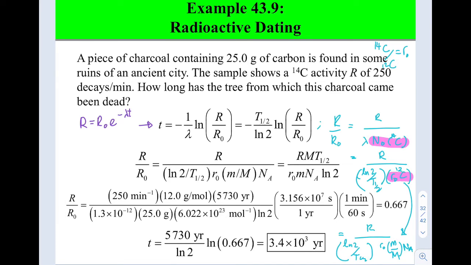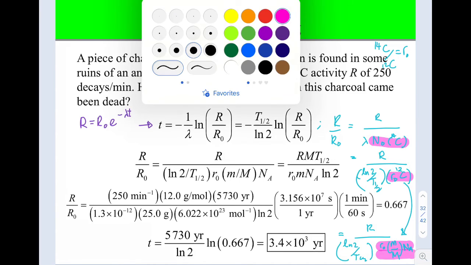So let me highlight, this is the process of it. This is the same thing. After that you substitute every piece of information, and you will get the ratio is 0.667. So what is the t? This is R over R naught.